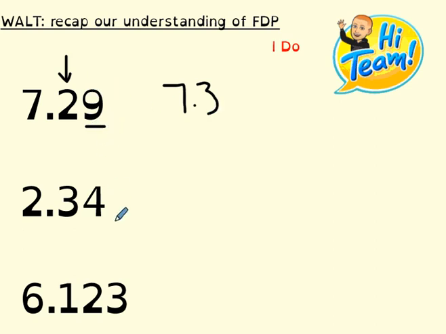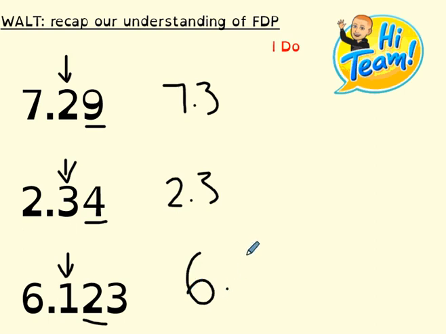Here, I would round to 2.3, because I've got a digit less than 5 in my hundredth column. And then here, I would once again round down to 6.1, because again, I've got a digit that is less than 5 in my hundredth column.